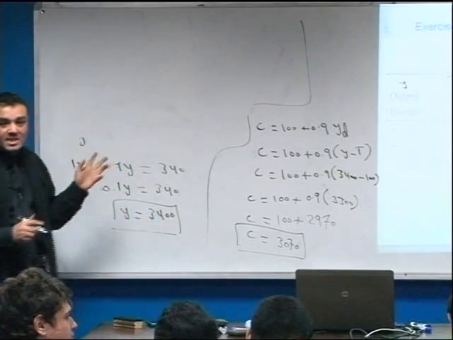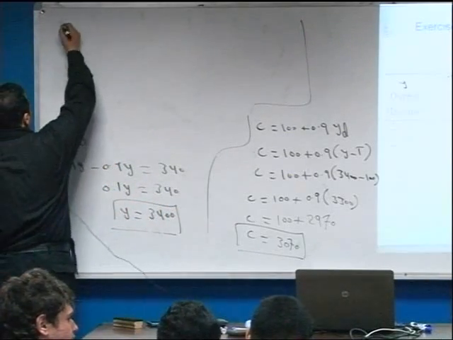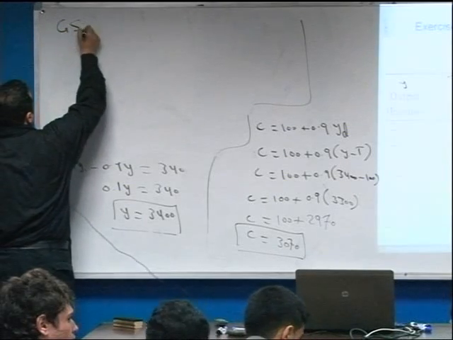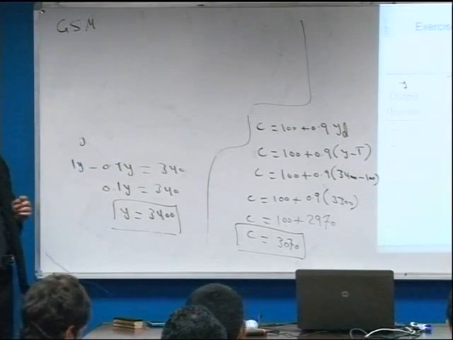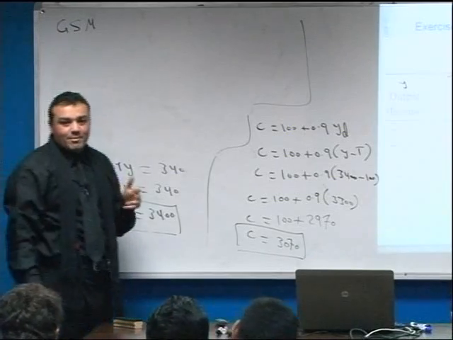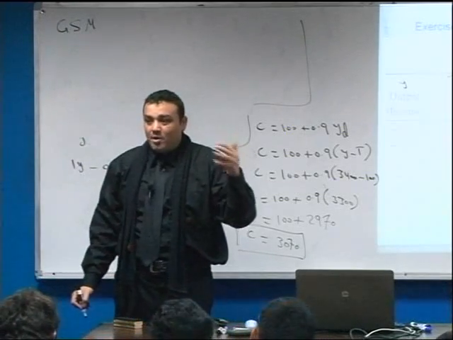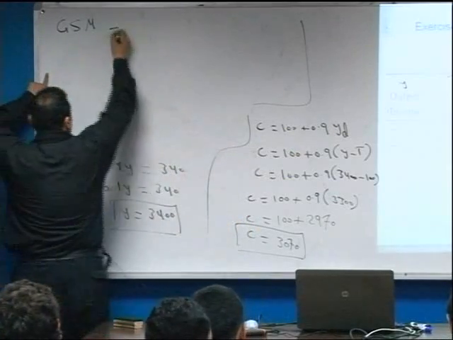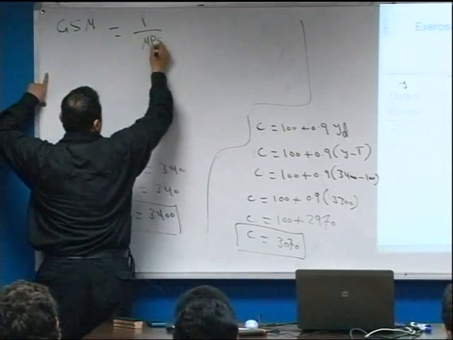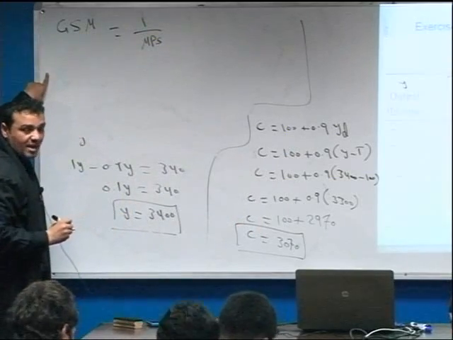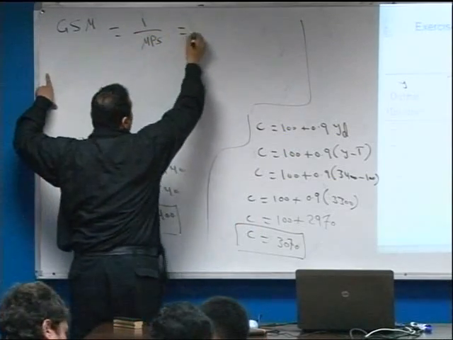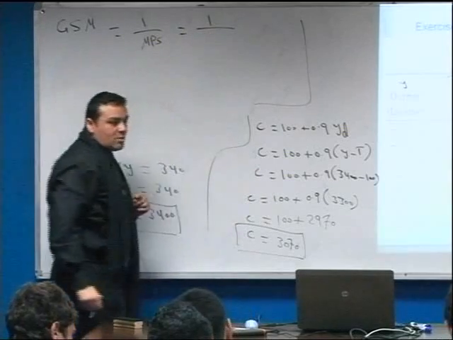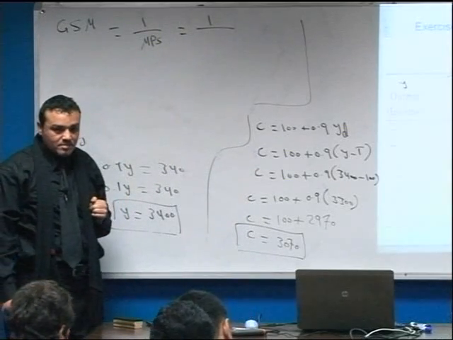So the question is, calculate the tax or the government spending multiplier. The government spending multiplier equals what? 1 over MPS. That's it. So equals 1 over MPS. Right? So which equals 1 over MPS equals how much in this case?